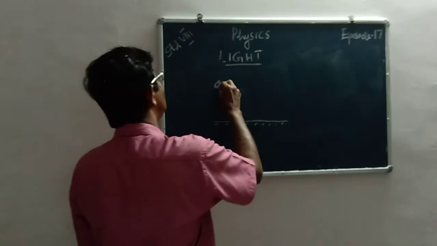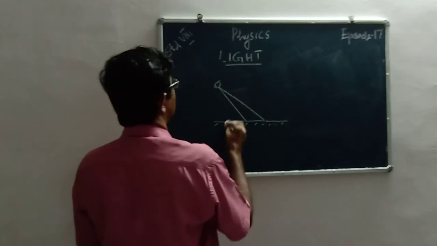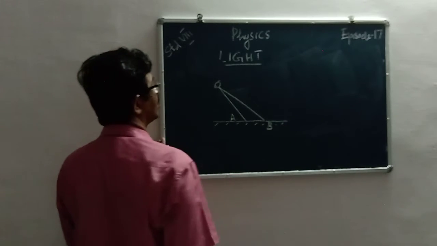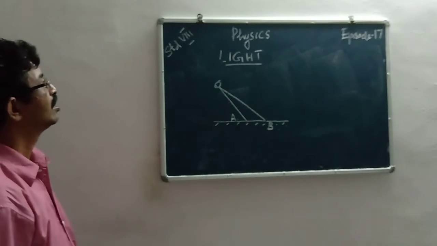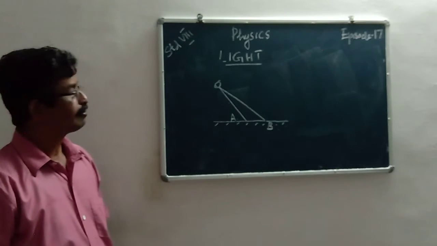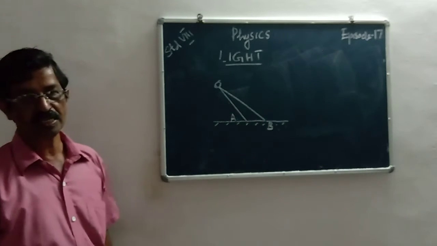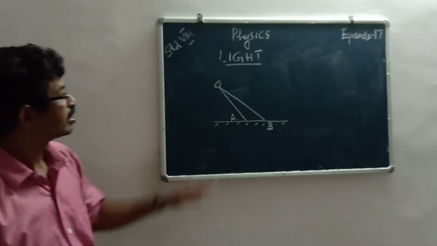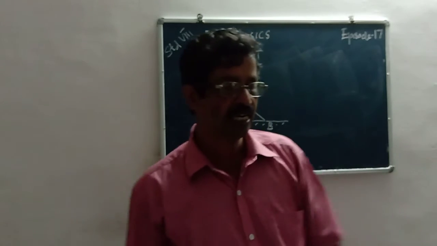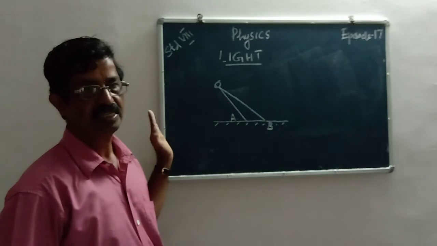From that, two light rays come. Let them be OA and OB. Now see, when this light falls on these points, we know this surface is so smooth that it can reflect.